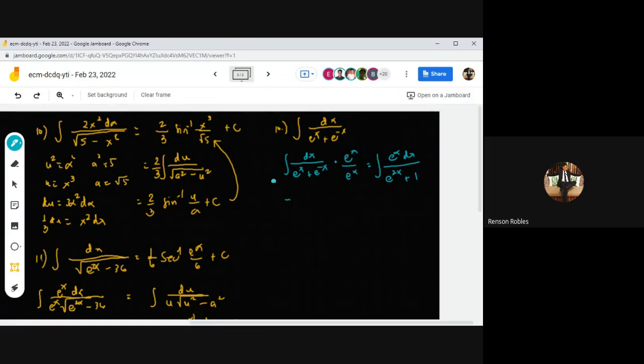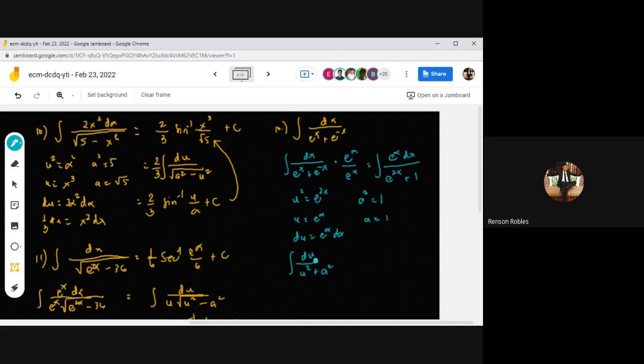Okay. Let me just show you in details. You have u square is e to the 2x. A square is 1. U is e to the x. Du is e to the x dx. Then a is 1. So e to the x dx all over e to the 2x plus 1.